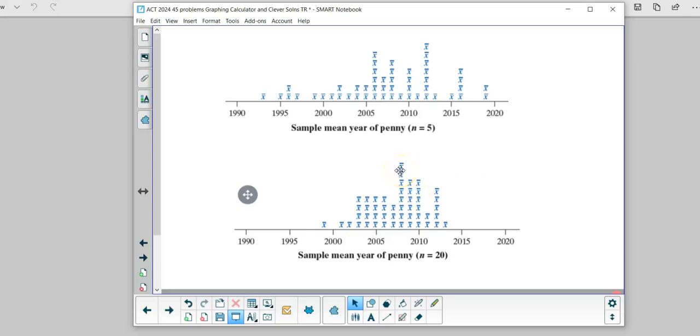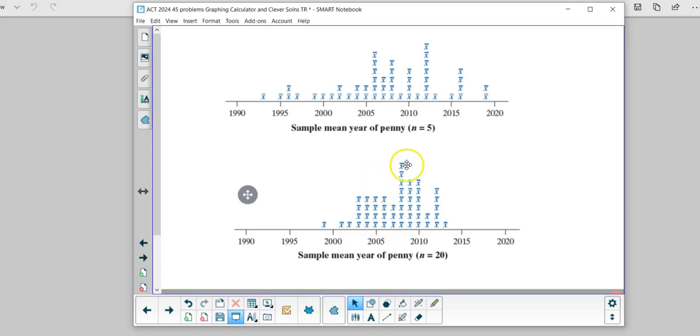You're guessing with both of them. Somewhere around 2008 is the mean for both of them, but it's a little bit more obvious with the 20 data because you can tell it's taller.